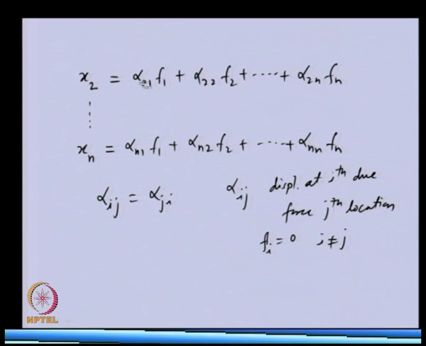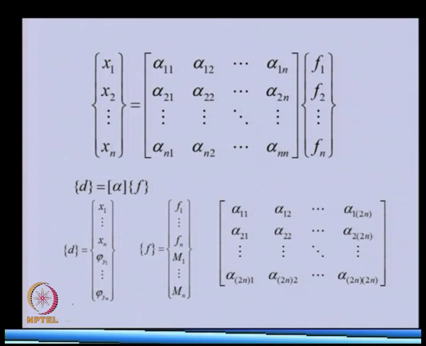Now, these equations which we have developed are becoming larger in size, so we can put them in a matrix form like this. You can see that the first equation which we derived is this one. If we expand this, x1 will be equal to alpha 11 F1 plus alpha 12 into F2 etc. up to alpha 1n into Fn.